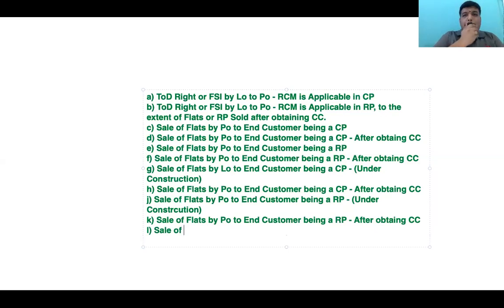Sale of construction of residential property or commercial property to the landowner by the promoter.